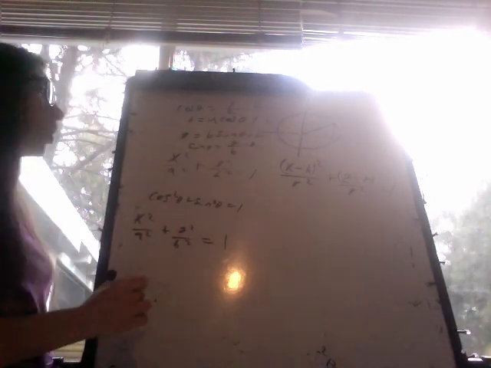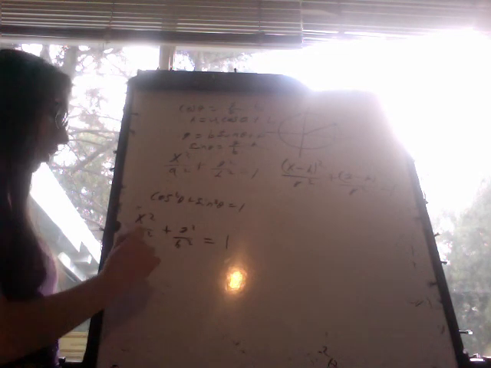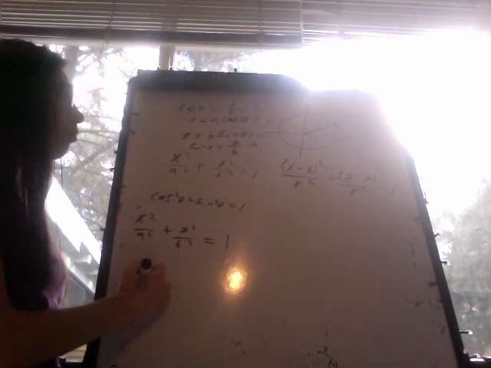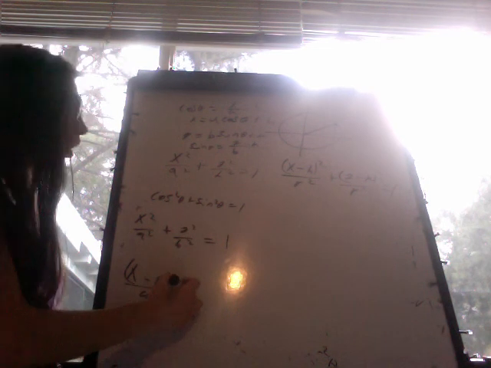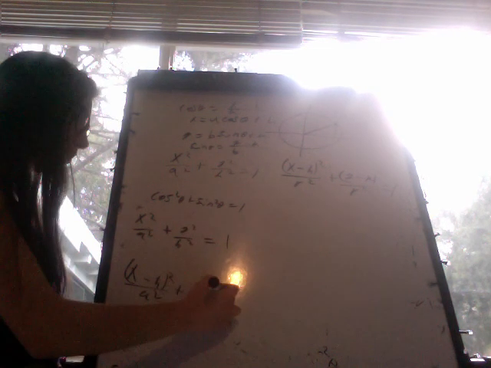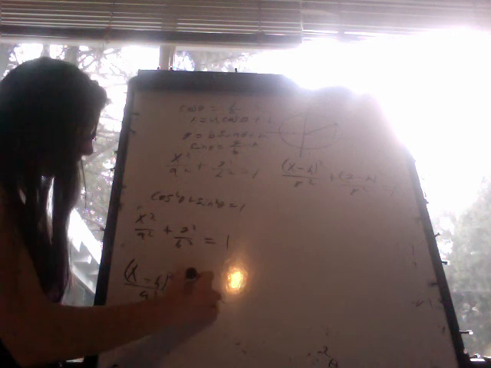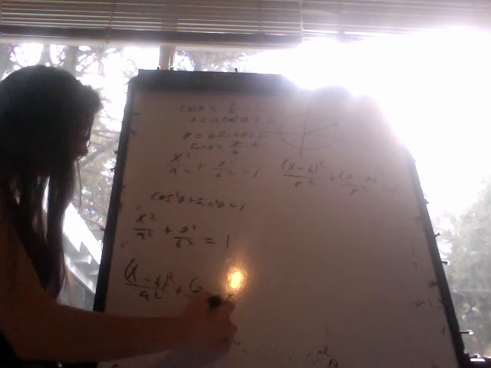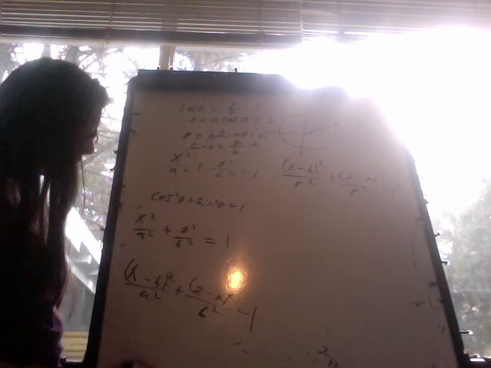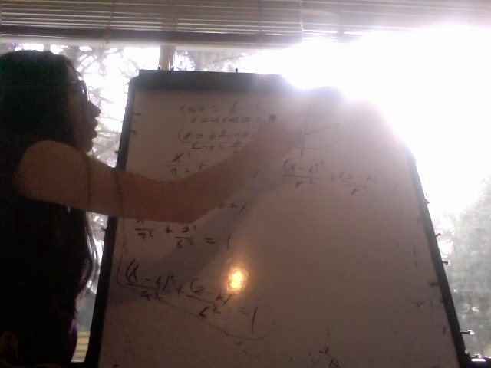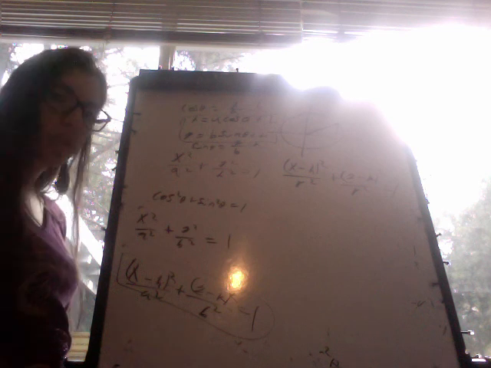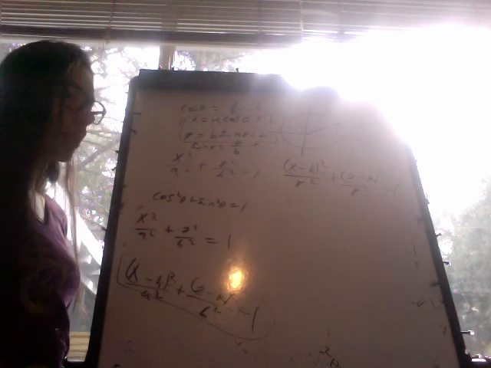You square cosine and sine and add them, and so you have x minus h squared divided by a squared plus y minus k all squared divided by b squared equals 1. And so this is the parametrization of an ellipse centered at any point.